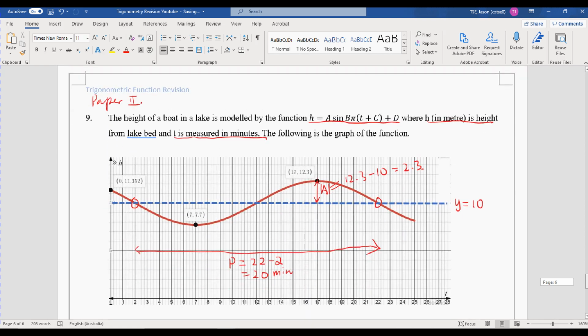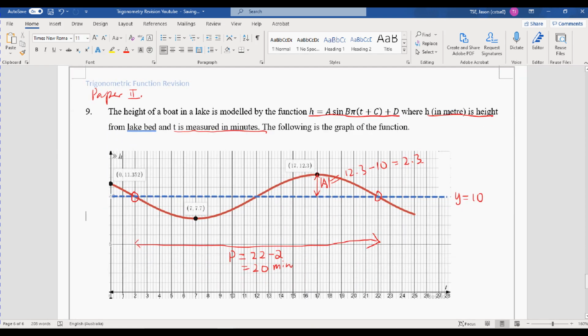And other useful information: you need to see this is not an orthodox sine curve. This is more like a sine curve shifted to a negative sine curve. This part is a negative sine curve, but it's being shifted to the right by how many units?